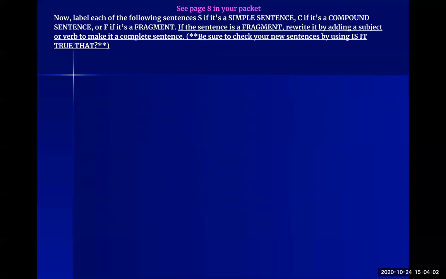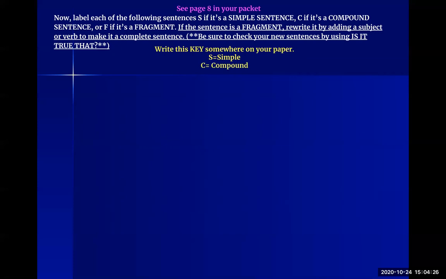Before you start anything on this page, I'd like you to write this key somewhere on your paper. You can do it on the top, you can do it on the bottom. I don't care, but all of your answers are going to be one of the following. S is going to be your answer if it's a simple sentence. So please write S equals simple somewhere on your paper. Underneath that, C equals compound.